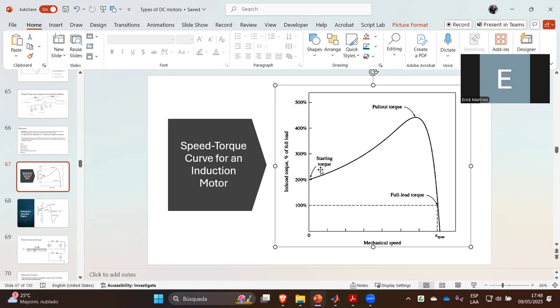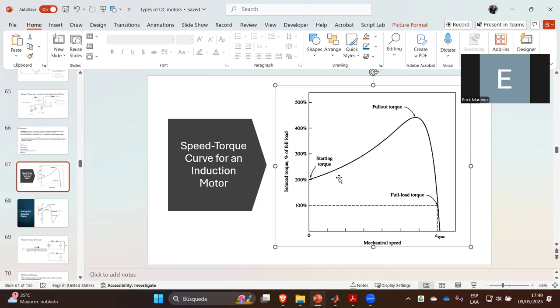So since the starting torque is greater than the full load torque, we can state that the starting torque will allow the motor to overcome the initial resistance of the motor and start moving any load that is connected to the shaft very smoothly. That is the meaning. Since we have a very high starting torque compared to the full load torque, we can ensure that the motor can surpass its initial resistance and then start moving the object.